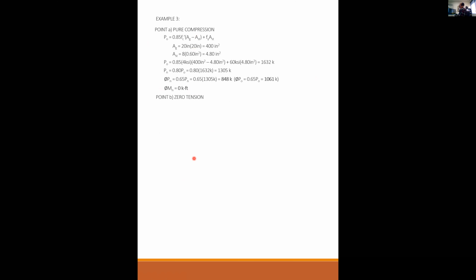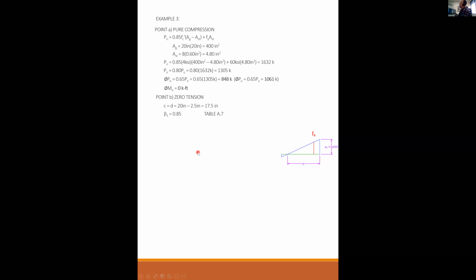Point B is our zero tension point. With zero tension, c is equal to d, which is equal to 20 minus 2.5 inches. d is 17.5 inches. Zero tension means you have zero strain right at your tensile steel, so that's why c is the same as d in this case.